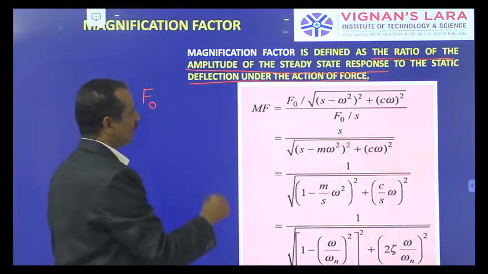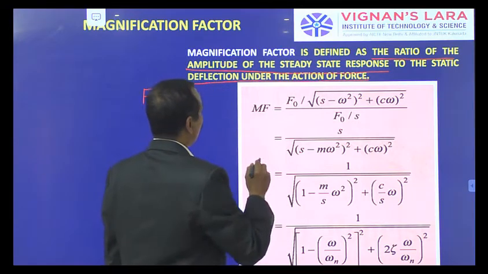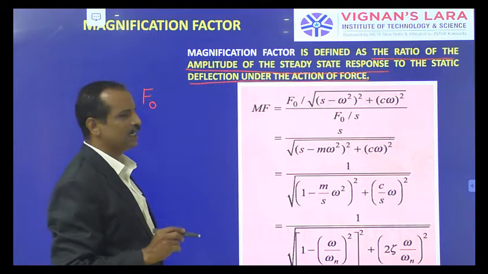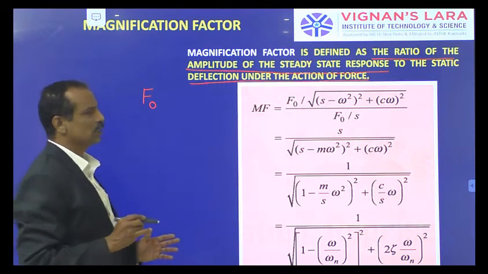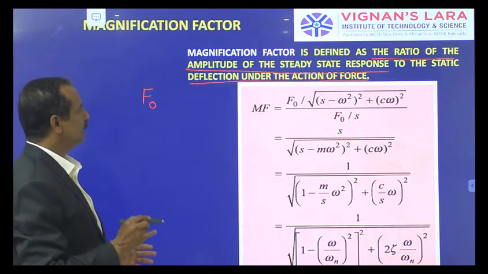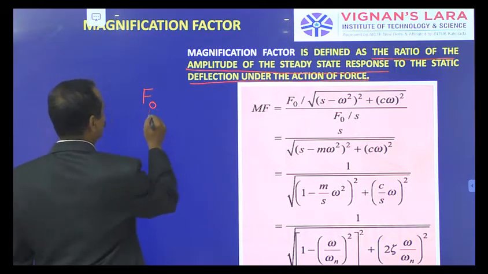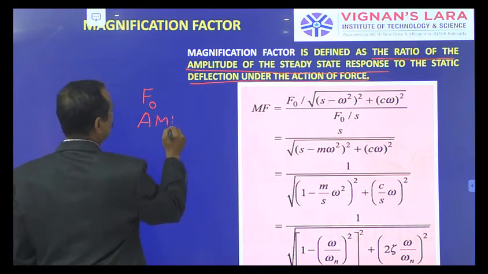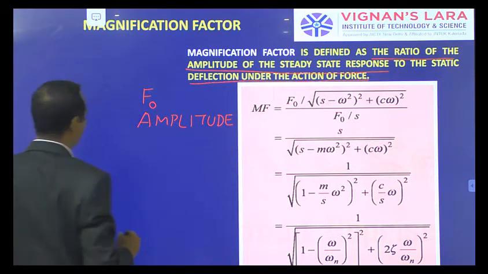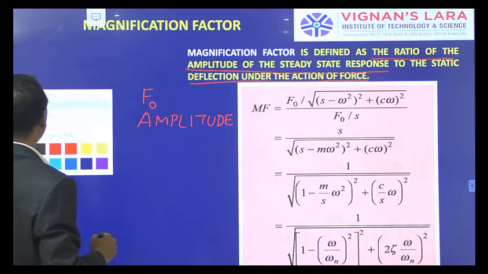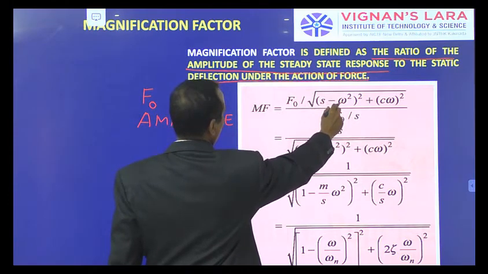Then it vibrates, and after a certain amount of time the vibration reaches steady state. At that steady state its response is given by an amplitude, the maximum displacement obtained due to the vibration.